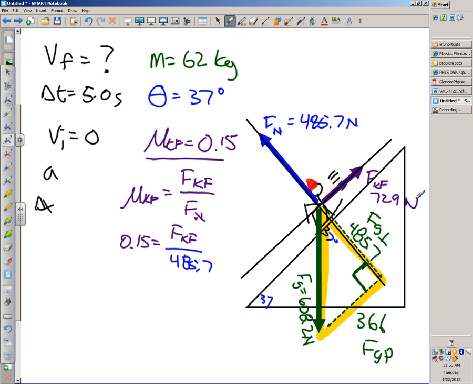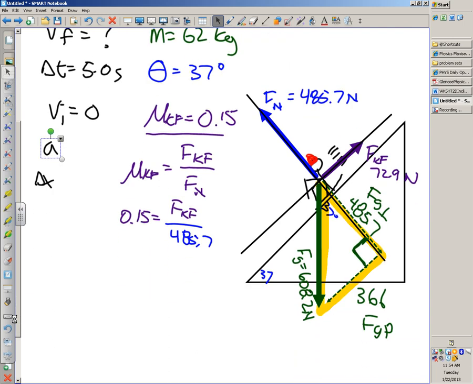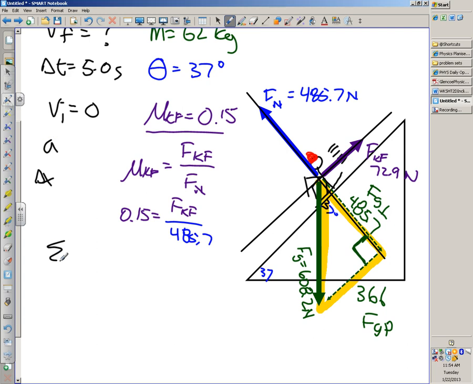We said that in order to solve this problem, I've got to know either the acceleration or the displacement. Remember any formulas that have acceleration in them? Really important formulas that we use a lot, one of the fundamental laws of the universe? Alright, sigma F equals m times a. But in this problem, where is the acceleration occurring? Parallel to the ramp or perpendicular to the ramp?